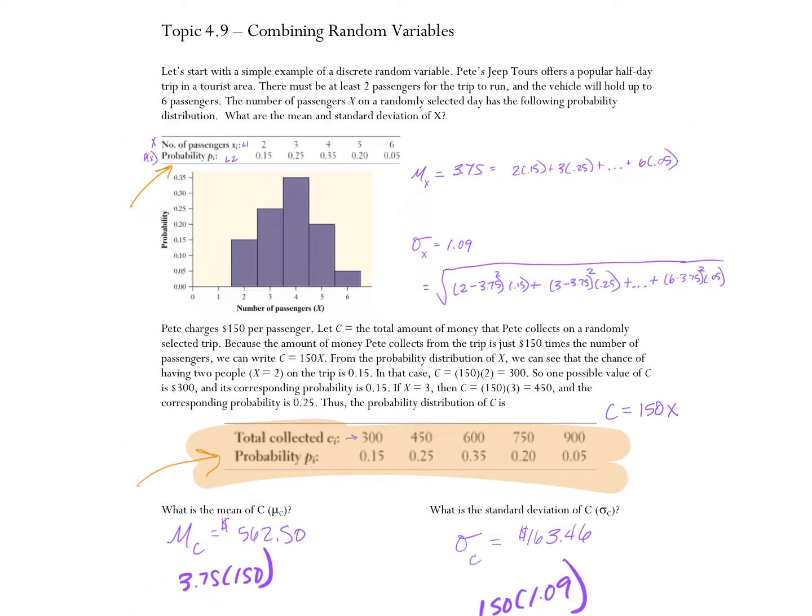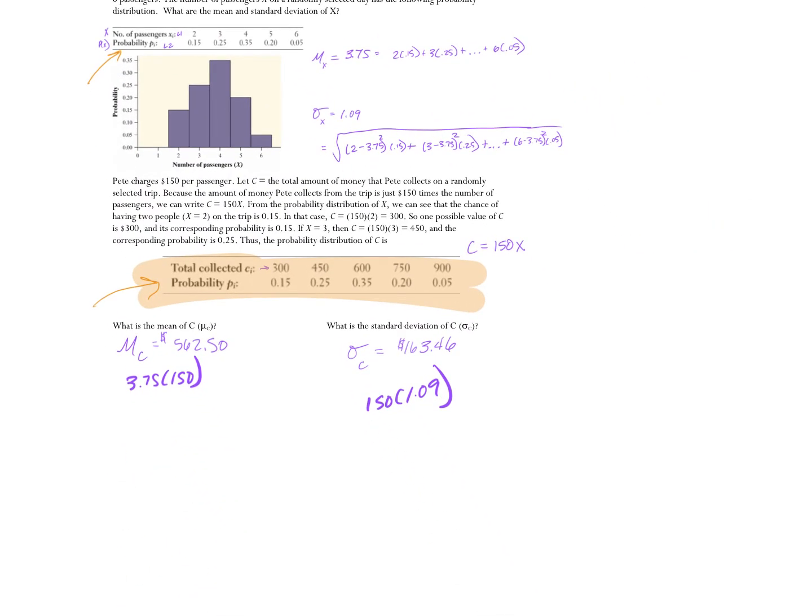So next. Pete collected 300, 450, 600, 750, and 900. But it's not like he can run those tours for free. It costs him money too, right? Like gas, maintenance on the Jeep or something like that, okay? So let's go ahead and say it costs him $100 every time he runs the tour.